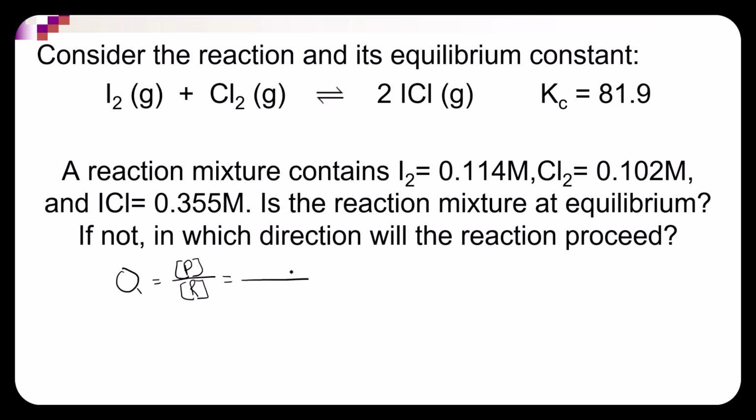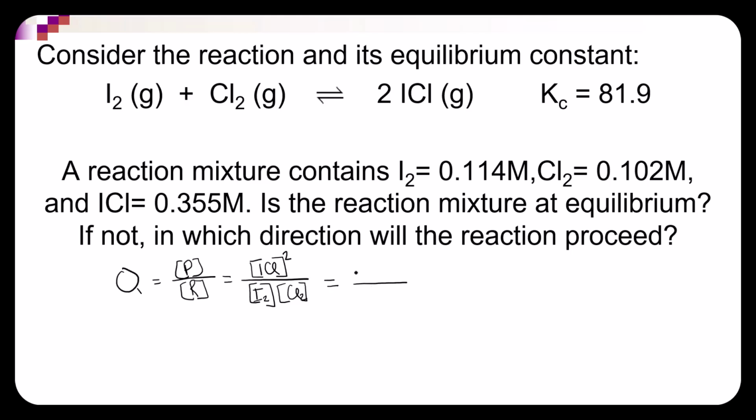So in this case, if I were to draw a formula for this reaction, I would have the concentration of our products, ICl, and remember the coefficient becomes an exponent, divided by the concentration of our reactants. Now we're given numbers for each of these values, so we simply plug them into that equation.